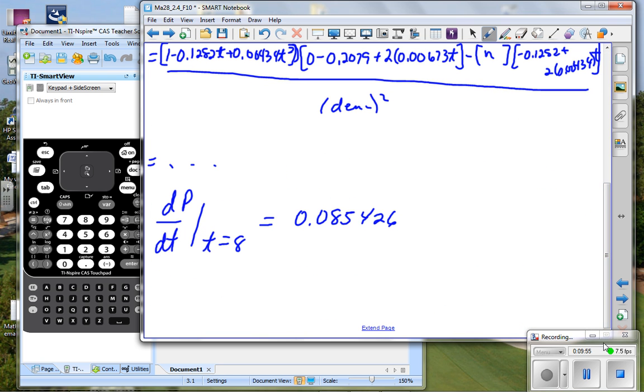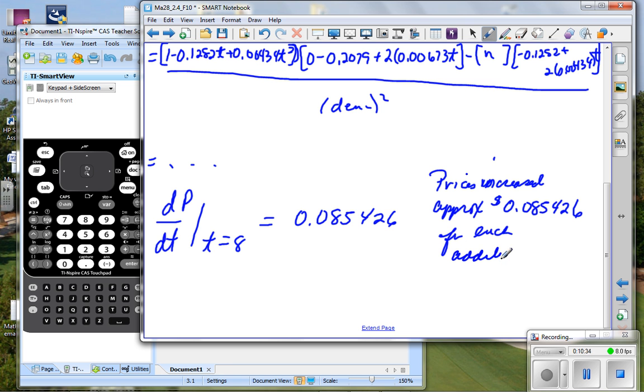So what we're saying is that the prices increased approximately, and it doesn't tell us a unit here, so I would assume it's in a dollar sense here, for each additional year when t equals 8, or in 1998.